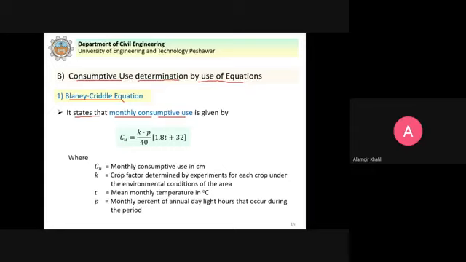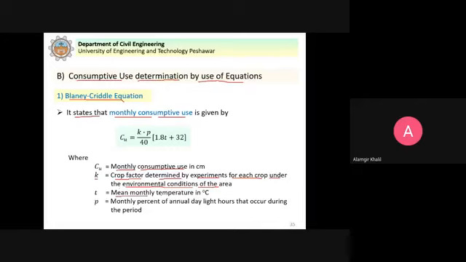It states that monthly consumptive use is given by this equation, where Cu is the monthly consumptive use, and K is the crop factor determined by experiments for each crop under the environmental conditions of the area.